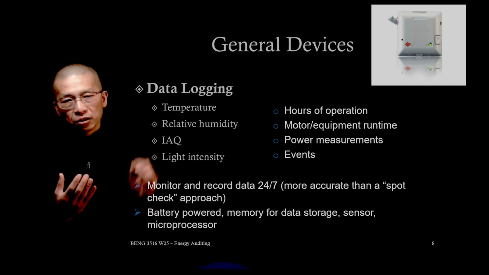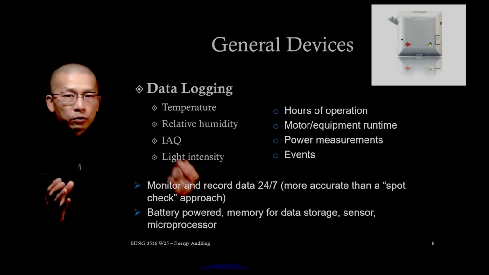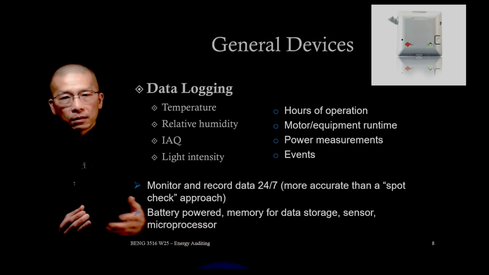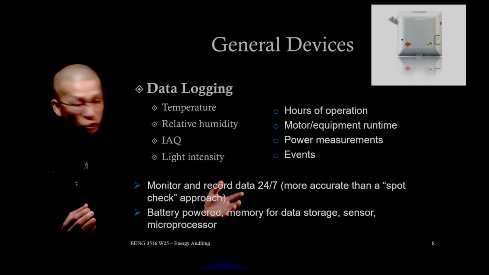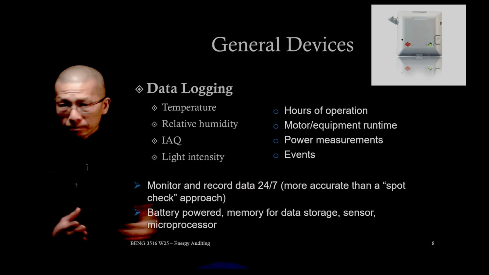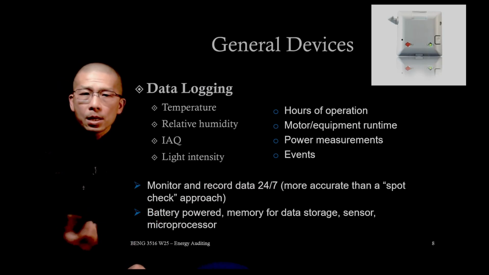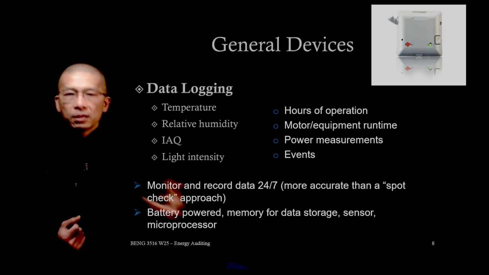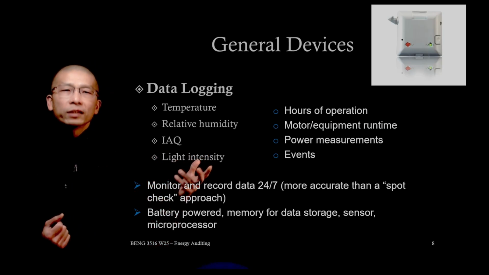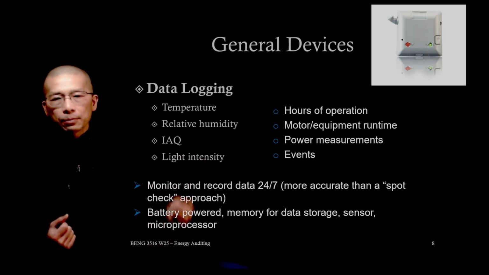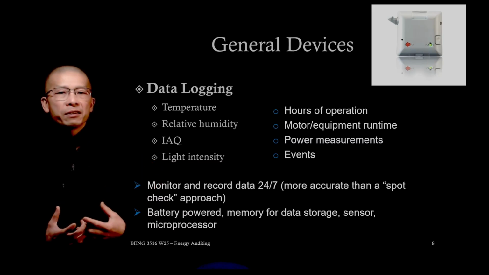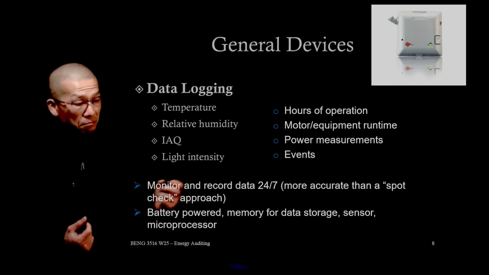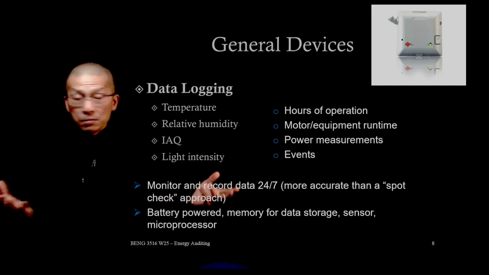Usually they include a sensor plus a microprocessor to record timestamps and other data associated with each timestamp. So data logging helps us see patterns over time, capture occupant behavior, and identify inefficiencies that spot checks can miss, right?